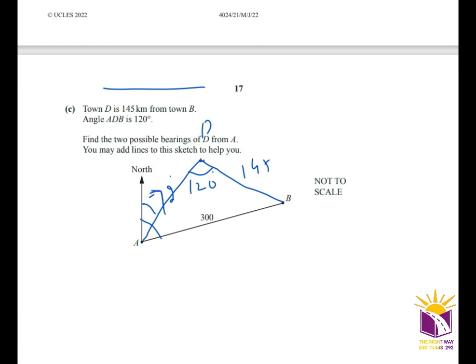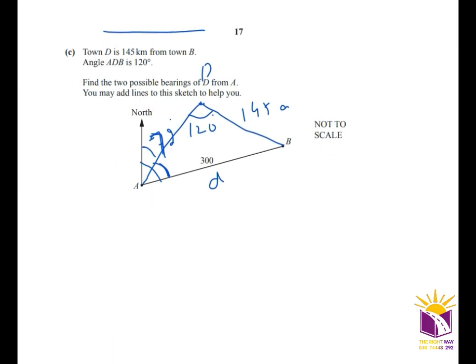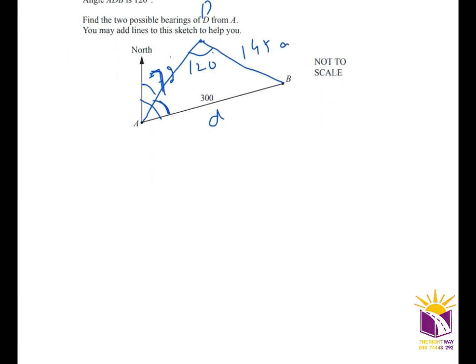If I calculate the angle over here, I can calculate the bearing of D from A. For this, I will take this side as a and this angle is A, this side as d and this angle is capital D. Now by using law of sines, I am taking the two sides a equal to d.